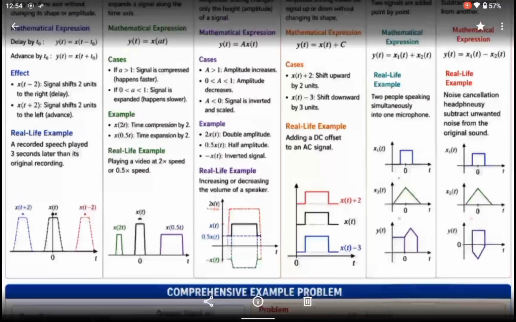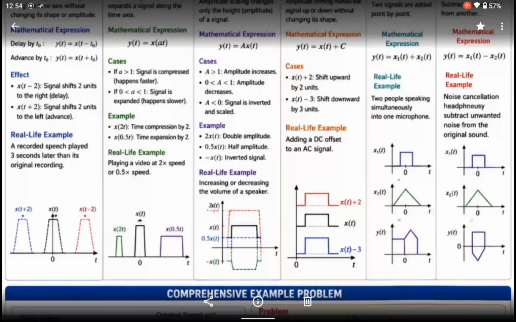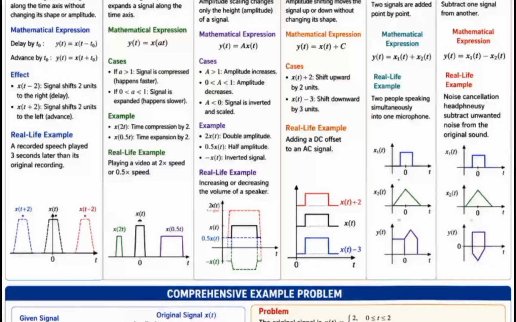So in case of x of t minus 2, I'm going to shift the signal by 2 units, and if it is x of t plus 2, I'm going to move the signal in advance by 2 units. As a real-time example, if I'm recording a speech which is played 3 seconds later than the original recording, that is a delay.